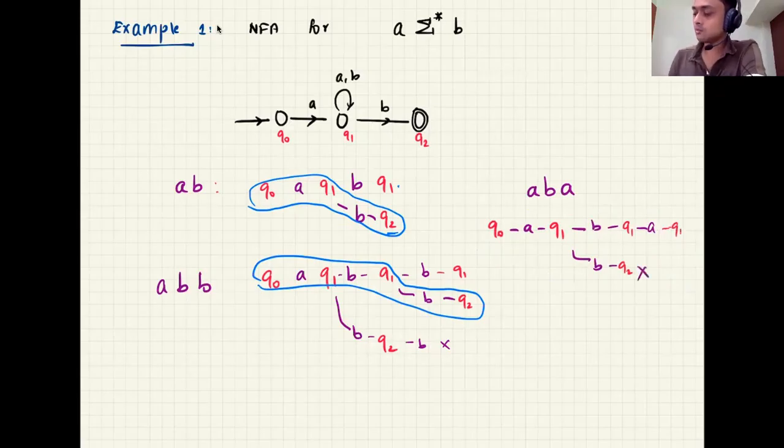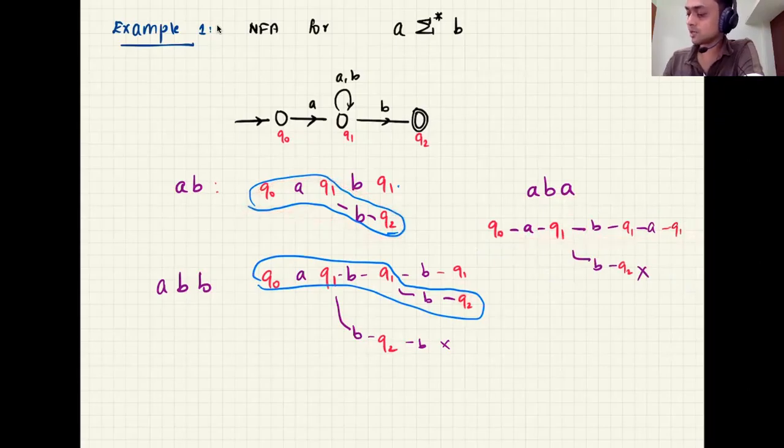But in every path that actually reads the entire word, the final state that is reached is a non-accepting state. So for A, B, A, here this was accepting, this was accepting, and this is non-accepting.